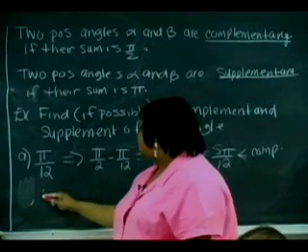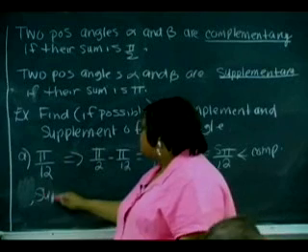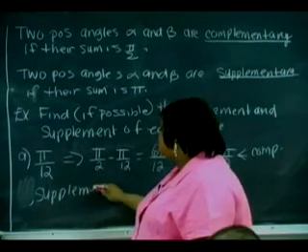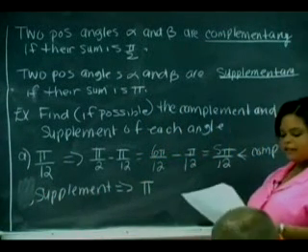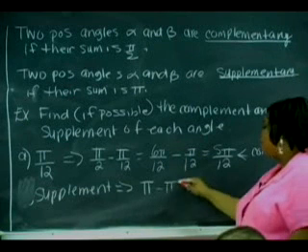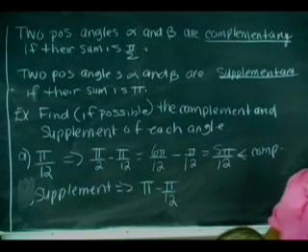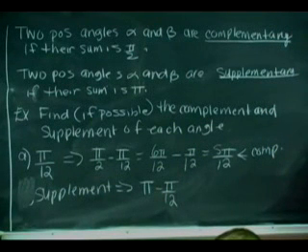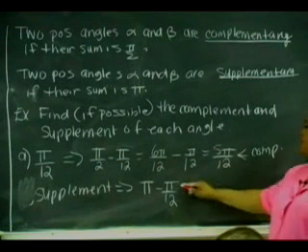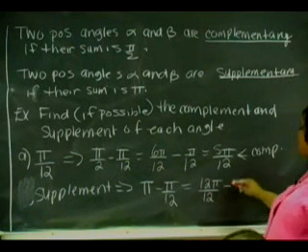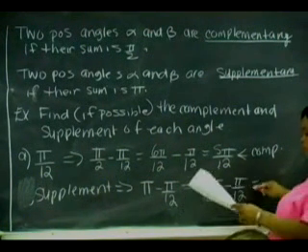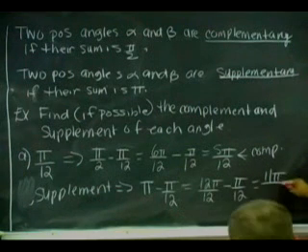How about the supplement? The supplement is what? Pi minus pi over 12, because two positive angles are supplementary if their sum is pi. So this is the same as 12 pi over 12 minus pi over 12, which is 11 pi over 12.